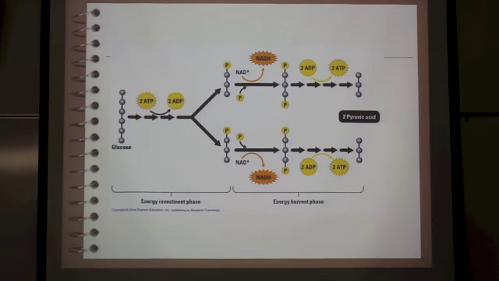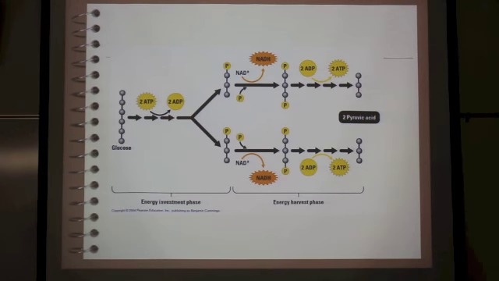So by the time we're done with all the steps in glycolysis, we've taken glucose, we've gotten a little bit of ATP out of it, about 2 molecules or so of ATP. We've made pyruvic acid, which is going to be what we use next in the next set of reactions, and we've made NADH. And this is what's really important, this NADH, because we're going to use it on the last step.